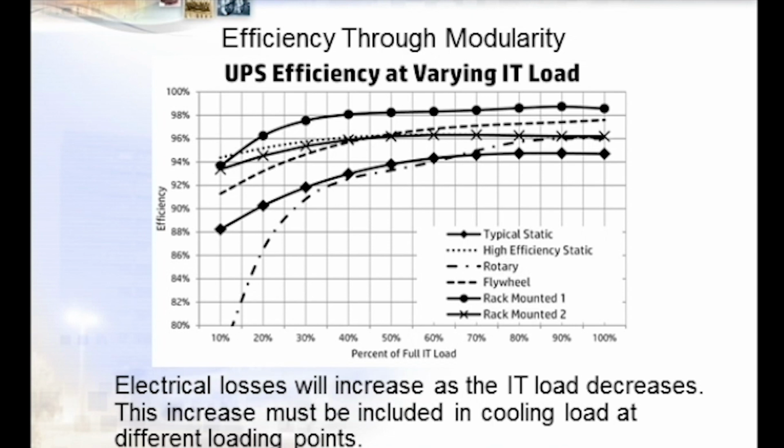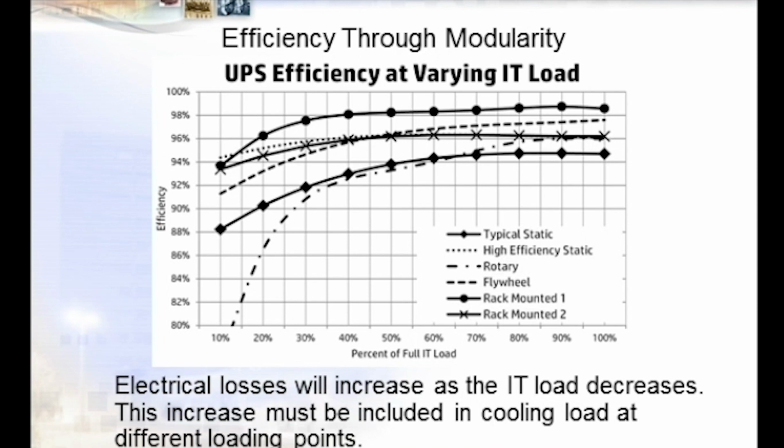Similarly, when we look at the electrical systems on the UPS side, the idea behind this chart is not the exact topologies or exact equipment types, but rather to understand how different UPS systems work at different loading levels. Some of the equipment have a very flat load profile, meaning that at lower loads it's still fairly high efficiency, where some of the other ones really take a dive after about 20 or 30% loading.